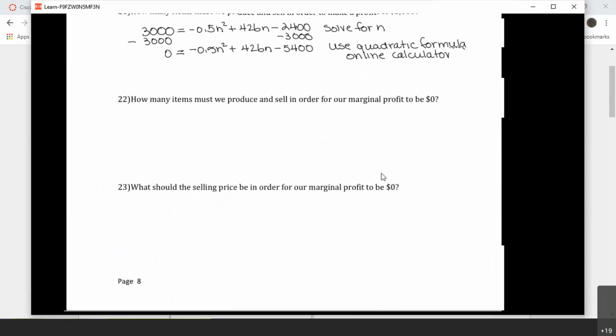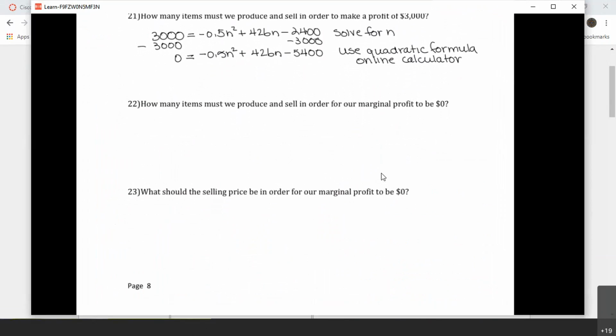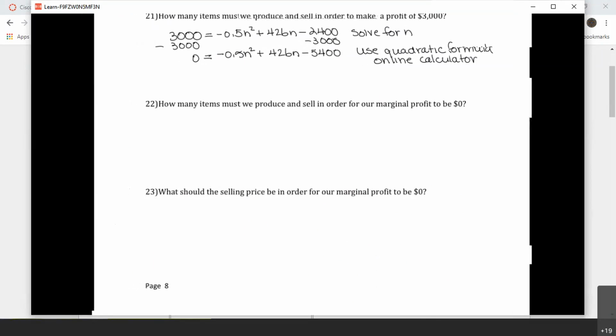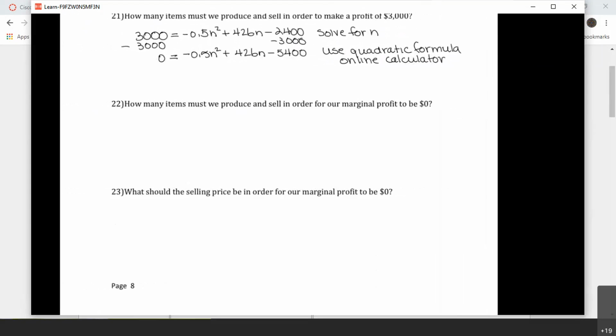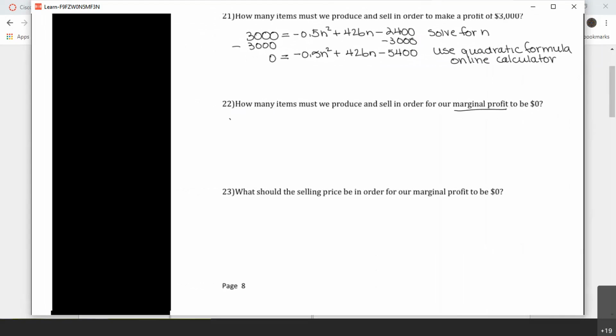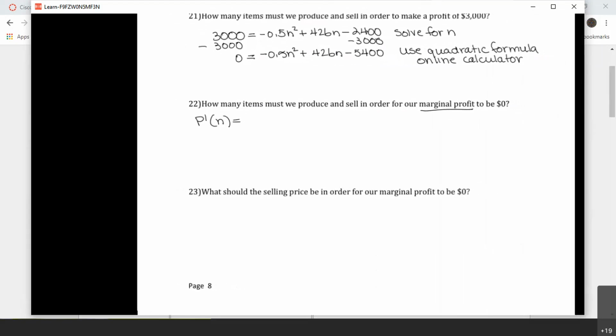How many items must we produce and sell in order for our marginal profit to be 0? This is basically marginal profit, which is P prime of n. So you would differentiate that. If I bring down the 2 and multiply it by the negative 0.5, I get negative 1n, and then this will just be plus 426.